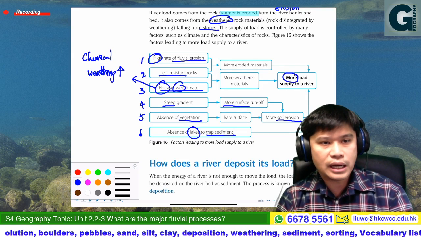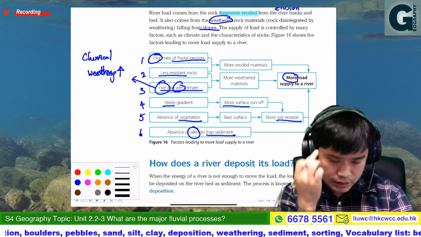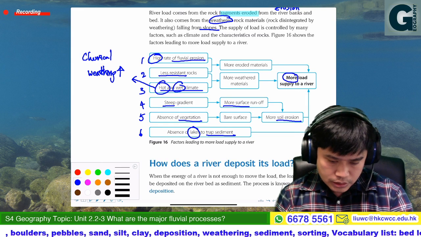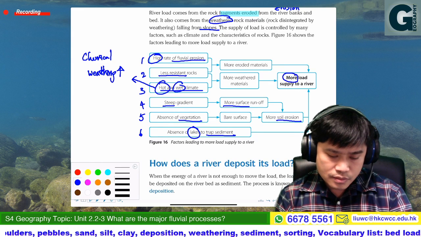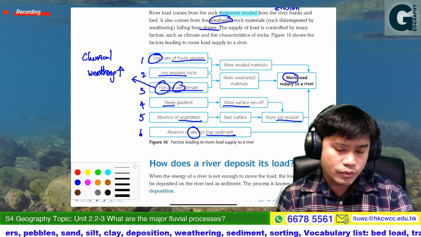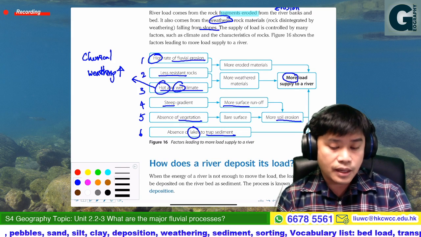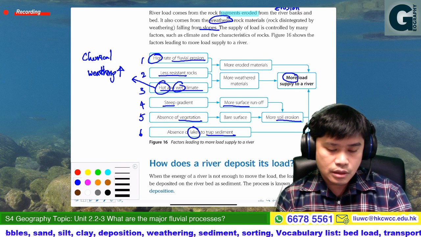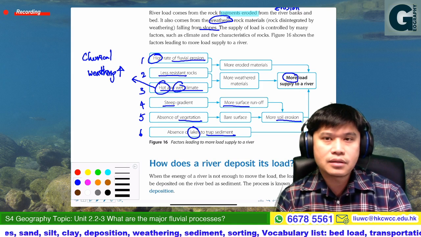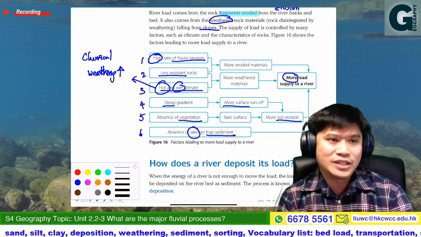I understand that you have to memorize much information about what factors may affect the supply of load, but it is not quite as complicated as when we study geography.